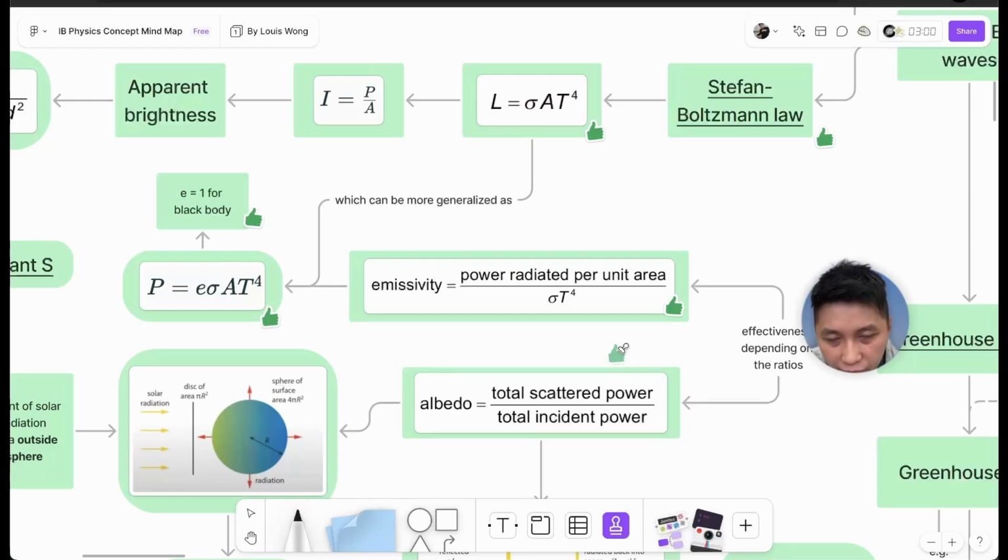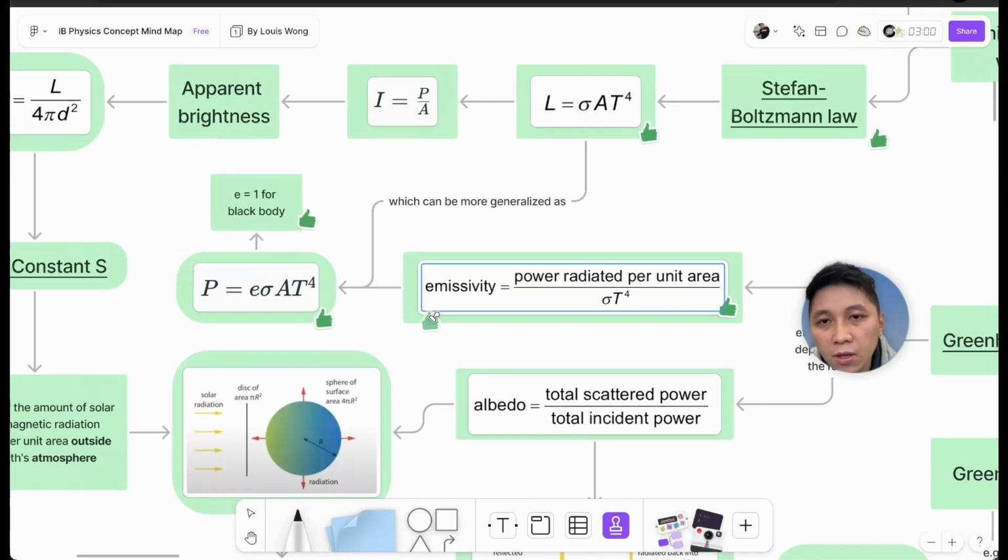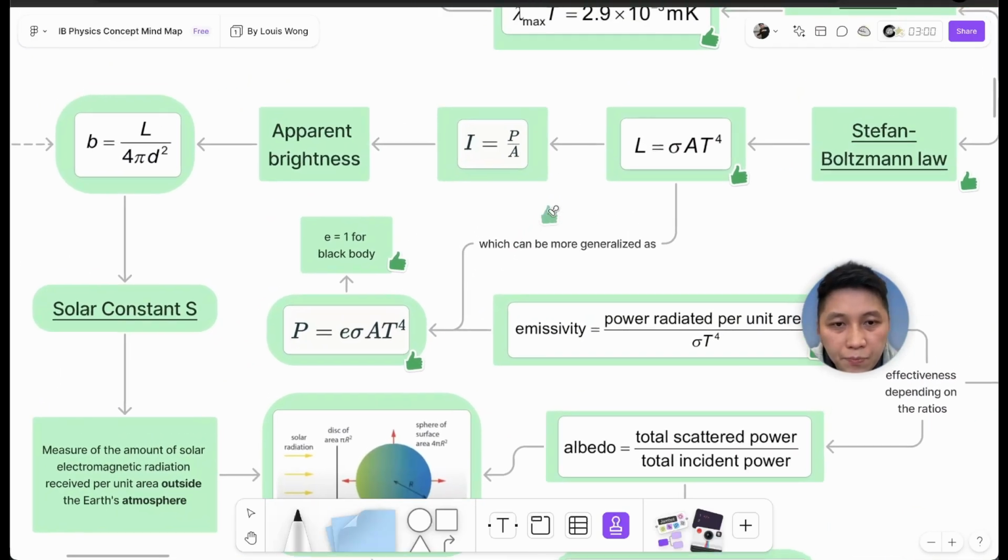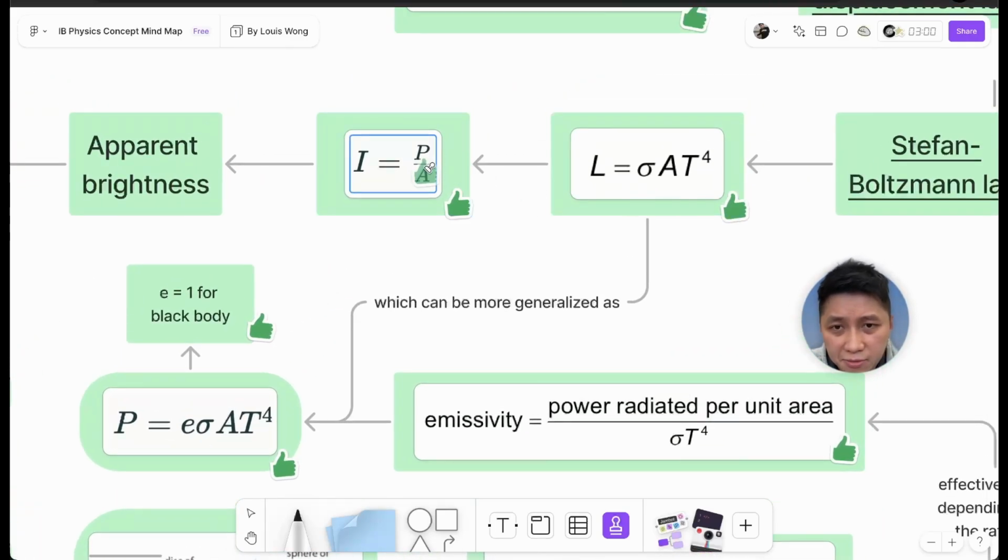You see this one. But apparently you need to know how to turn it into this equation, or if you understand this one, that's fine. All right, and then with these equations, together with the idea of intensity equals power over area. By the way, okay, pay attention to the A here and the A here. They are not the same thing.